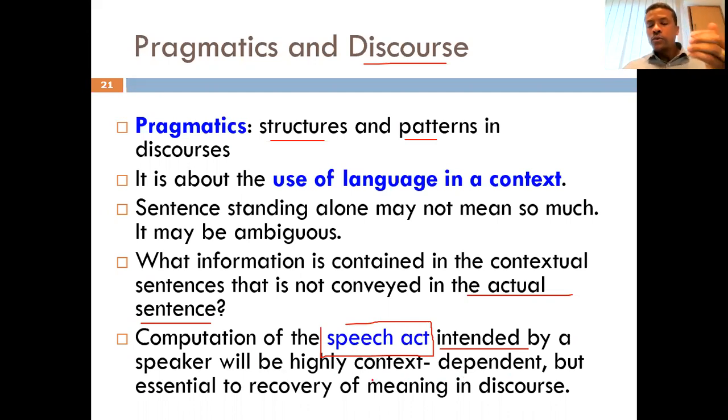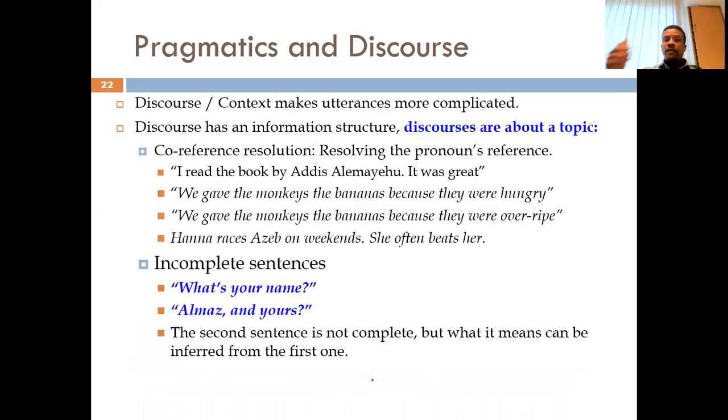So we want to recover the meaning to that level. A discourse, as I said earlier, is a context that will make the utterance even more complicated. So discourse has an information structure, or it is about a higher level topic. It is beyond a single word, beyond a phrase, beyond a sentence itself.